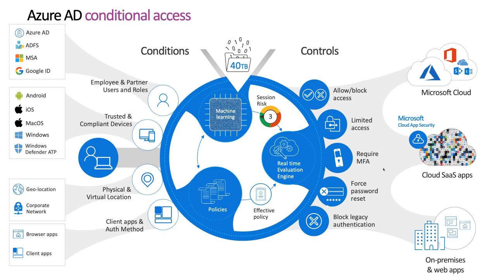There's hundreds of cloud services out there that this can integrate into, but what it can also do is integrate into your on-premise applications and web applications as well. So it provides a fully comprehensive set of features to provide conditional access to your identity to manage those.